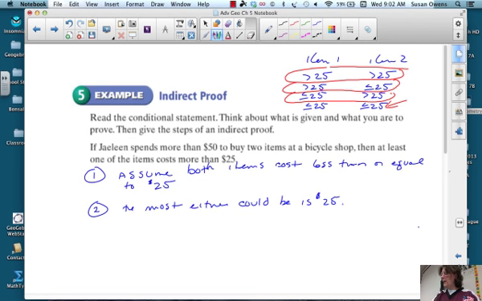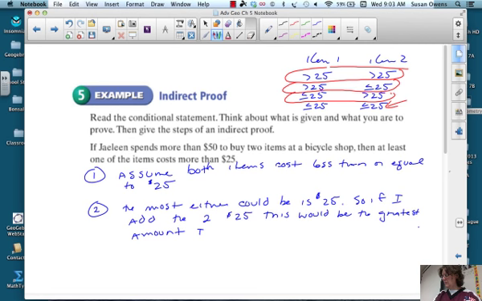If I add the two $25 together, that's going to be the greatest amount of money I could spend.